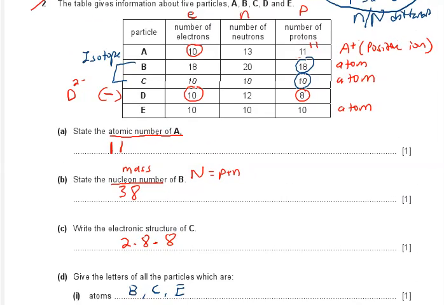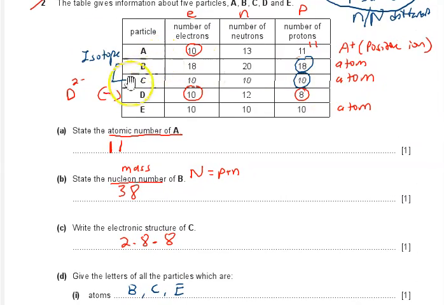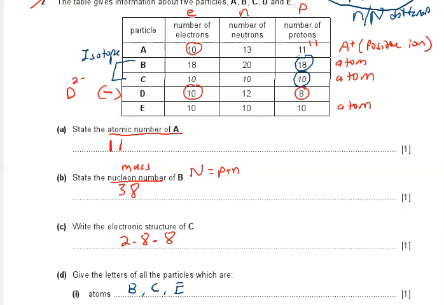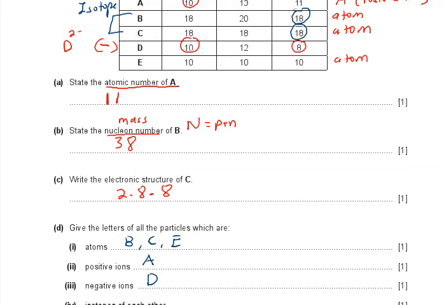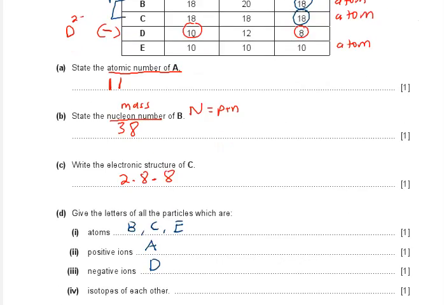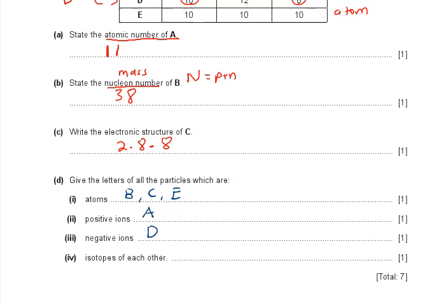The positive is A and negative is D. So we write it down here, positive is A and negative is D. And isotopes, as we discussed just now, we have B and C, isotopes.